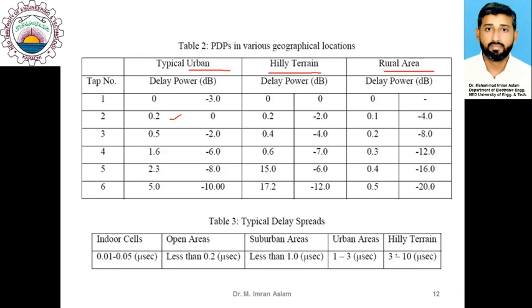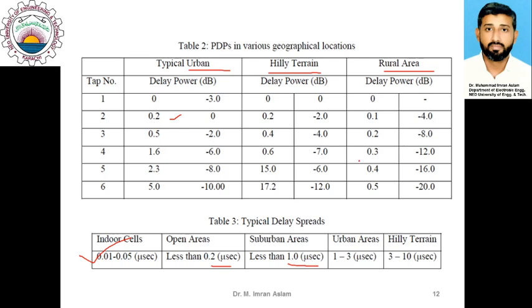So typical delay spreads in different types of environment are mentioned here. For indoor cells, we get typical delay spreads of 0.01 to 0.5 microseconds. Delay spread for open areas is less than 0.2 microseconds. For suburban areas, you can expect a delay spread of around 1 microsecond.